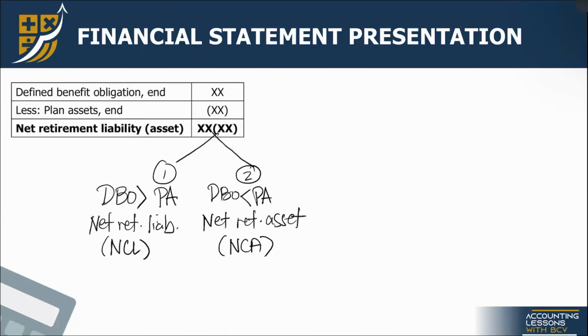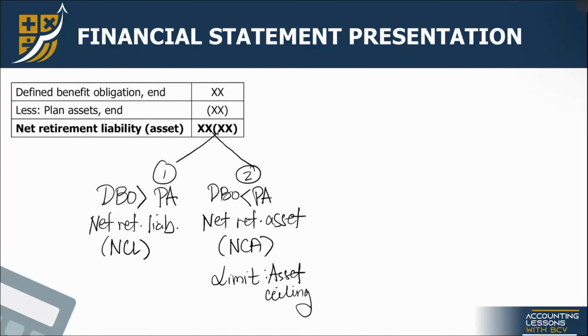Kaso, pagdating kasi sa case number 2, si net retirement asset, subject siya sa limit. Meron tayong tinatawag na limit on net retirement asset. What is this? Asset ceiling. Okay? Yung case 1, walang limit yan. No? So kung ano man maging computed net retirement liability natin, yan na agad ang ipipresent natin.